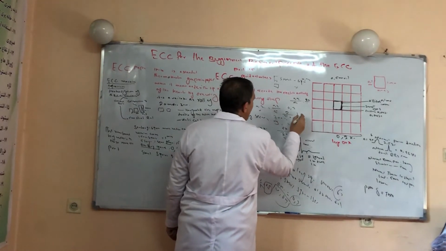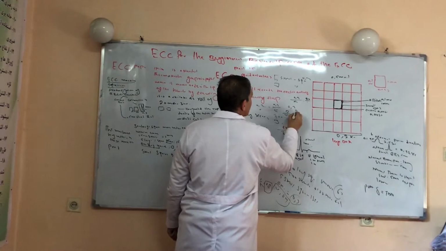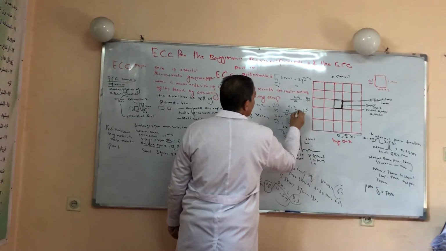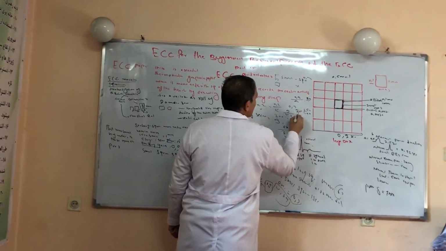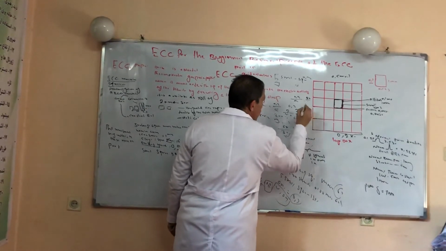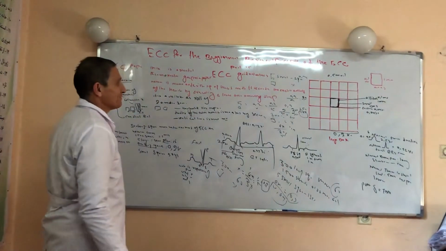When 2 is less, 50 is more, so the pointer is 0.04. By this mechanism we get the value of 1 small square.